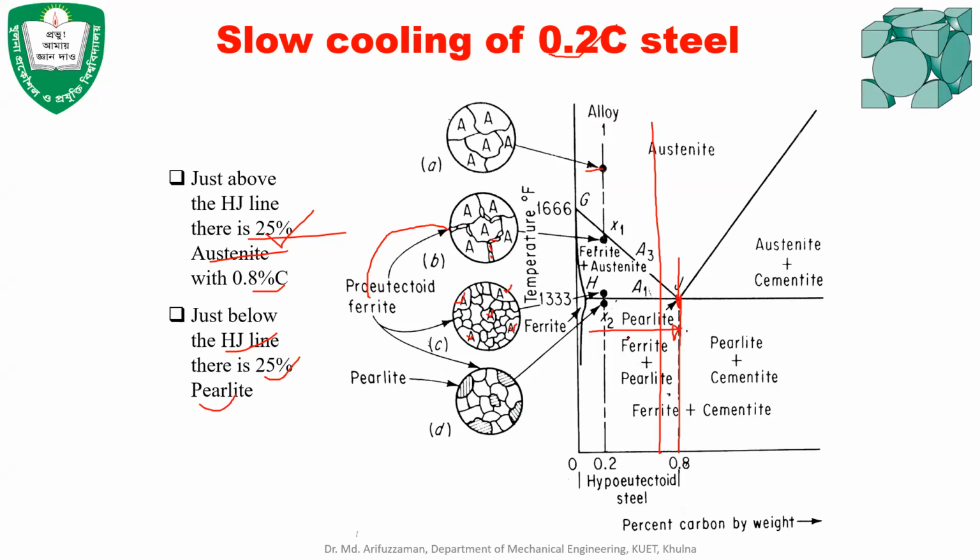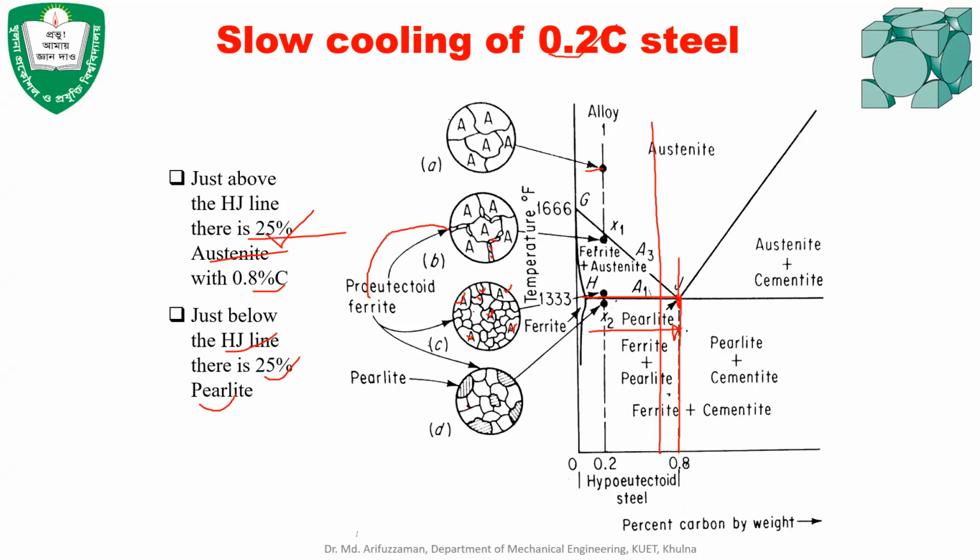No, here, if you want more clarification, just above this temperature line, there will be ferrite grains, right? Ferrite grains are produced and some of the austenite will be present. Yes, and just after the eutectoid reaction, all the remaining austenite grains will be converted into pearlite.